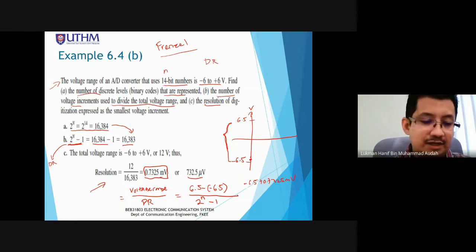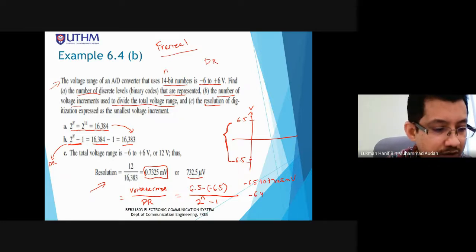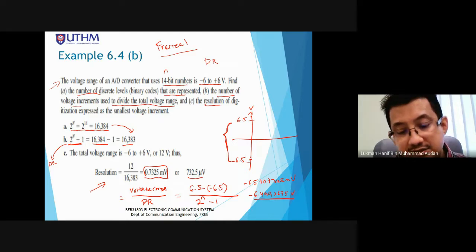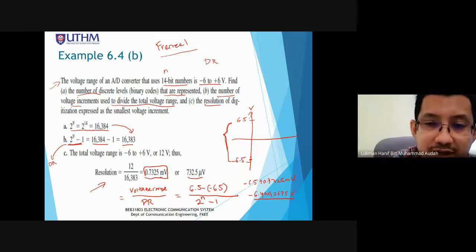Cuba kalau you guna calculator, you get minus 6.4992675 volt. So level seterusnya berada di sini, sangat dekat dengan 6.5. Very close to 6.5.